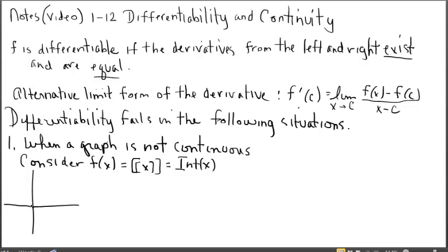Draw a few steps, closed on the left, open on the right, stepping up. Okay, just a quick rough sketch here.